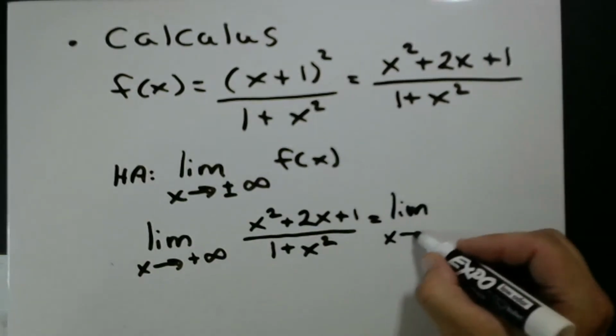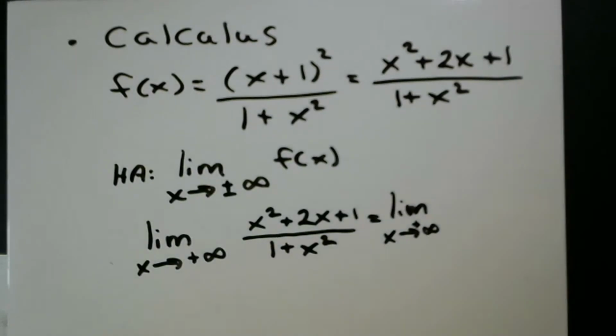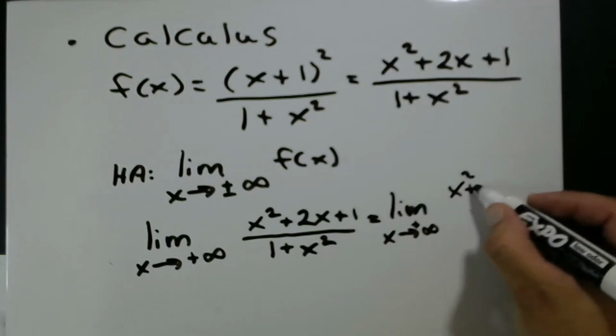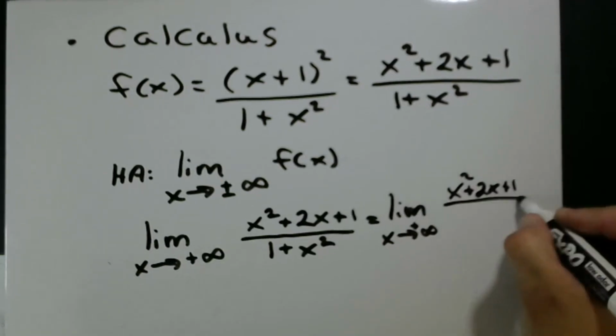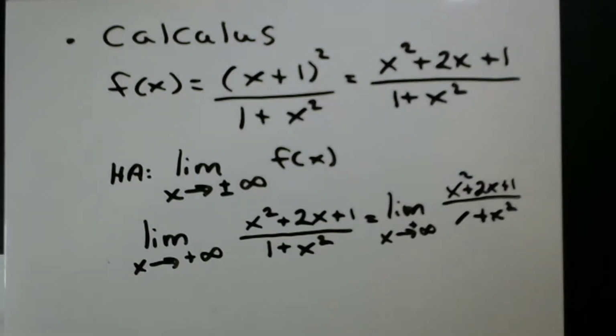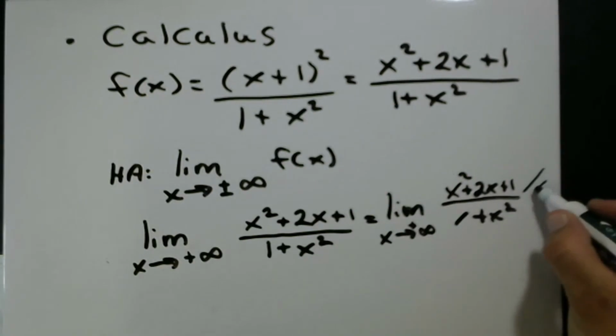where we multiply top and bottom, or we divide top and bottom by x squared.